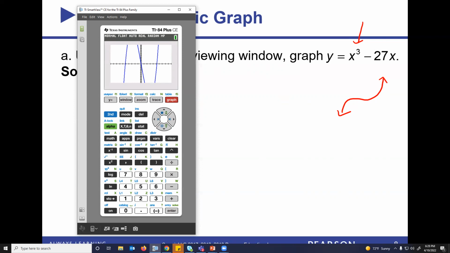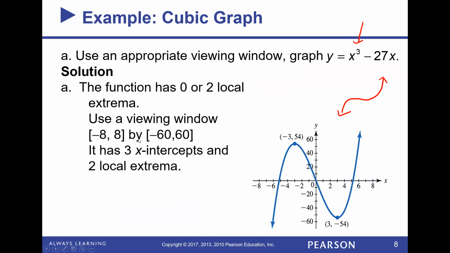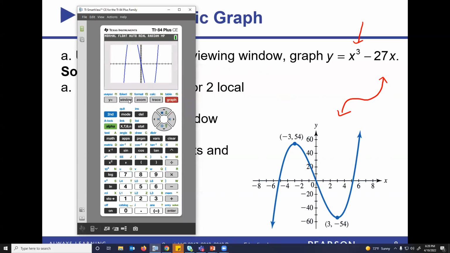So it looks like my guessing is really off here. So I'm going to show you guys what they have. The best viewing window you can see there is from -8 to 8 and then -60 to 60. So let's adjust ours that way. So -8 to 8, and then skip this. If you want to click it and change it to something else, you totally can, but I'm not going to mess with it.